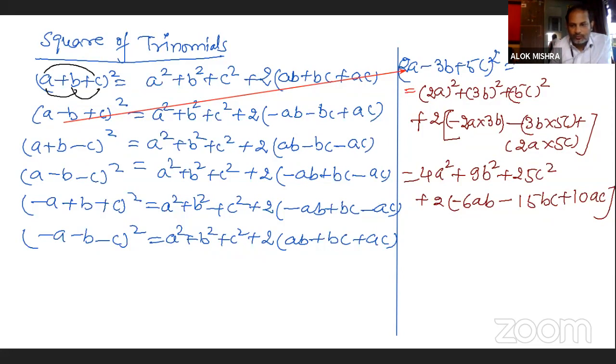Can I change the page? Yes. Okay. So I'm writing the question. You need to try it out. It's 4a minus 5b minus 6 the whole square. I give you 2 minutes to solve it.